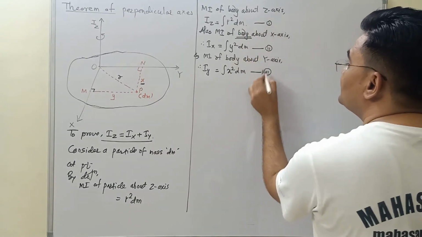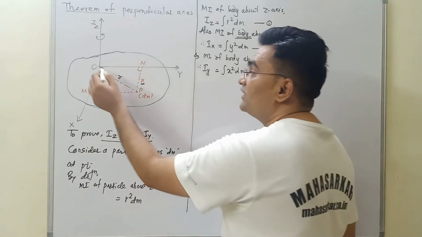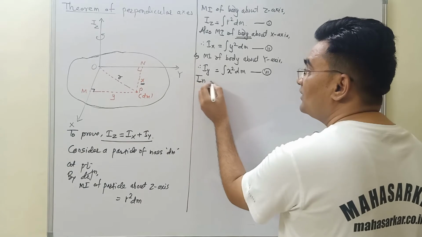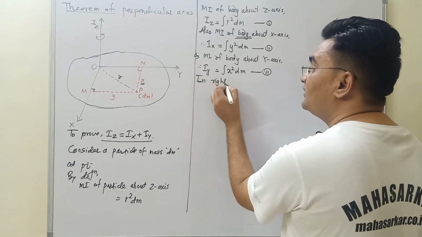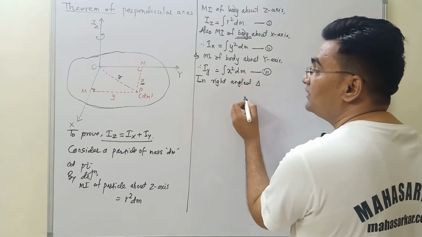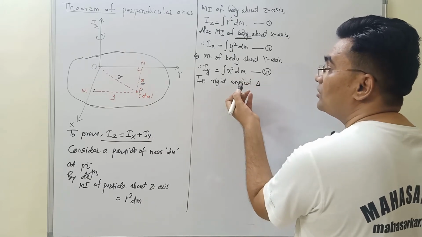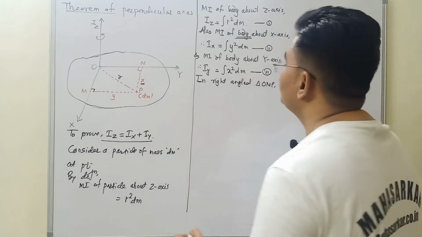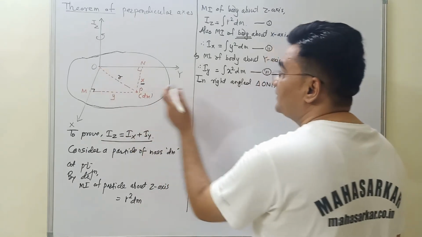Now the proof of this theorem is very simple. I already told you this is a right angle triangle. So in the right angled triangle ONP or OMP, any one, using Pythagoras theorem, what can we write?